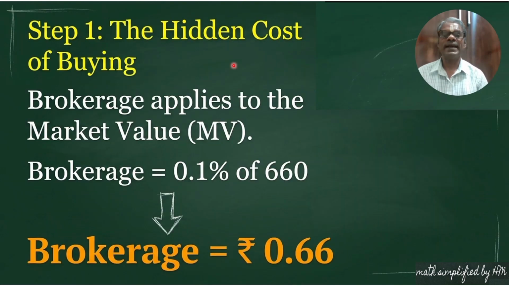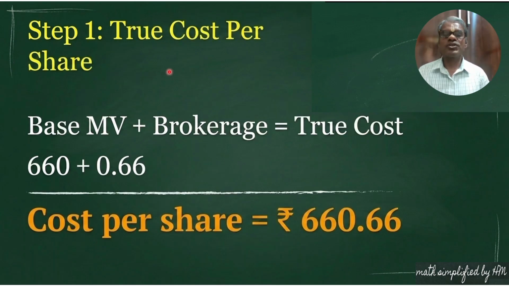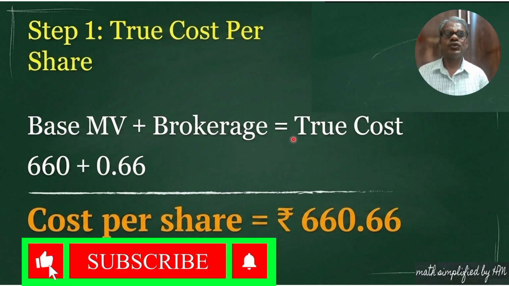Step 1: the hidden cost of buying. Brokerage applies to the market value MV. Brokerage is equal to 0.1% of 660. Therefore, brokerage per share is equal to rupees 0.66. Now, true cost per share. Base market value plus brokerage is equal to true cost per share.